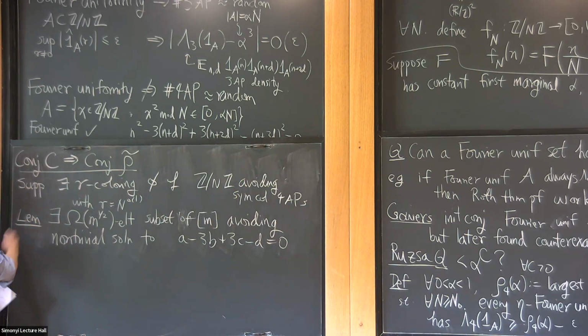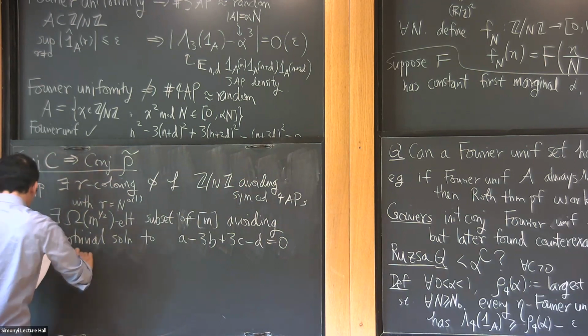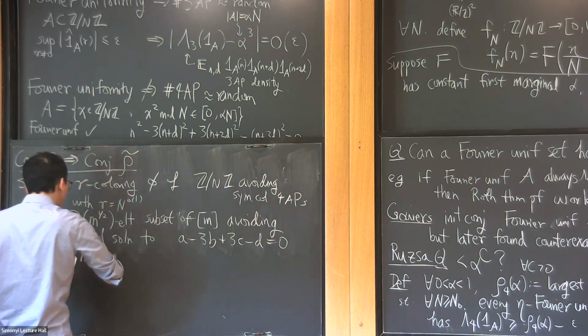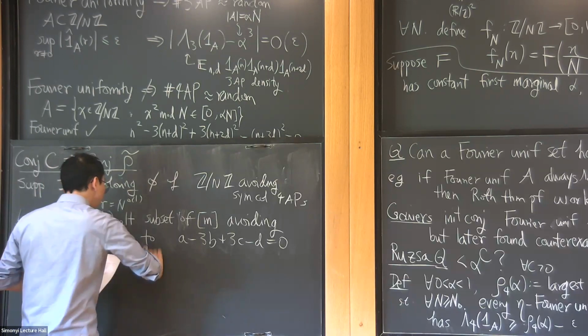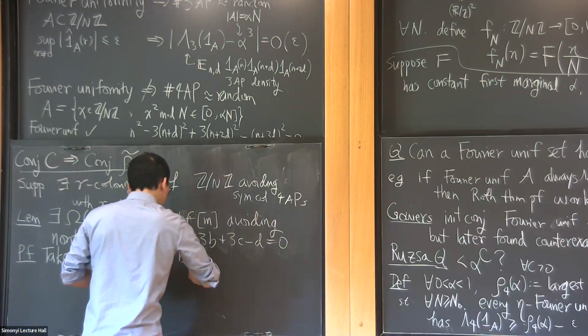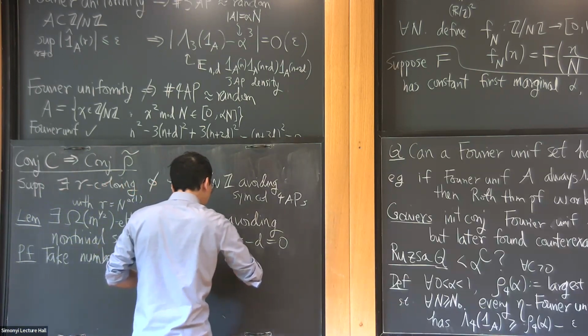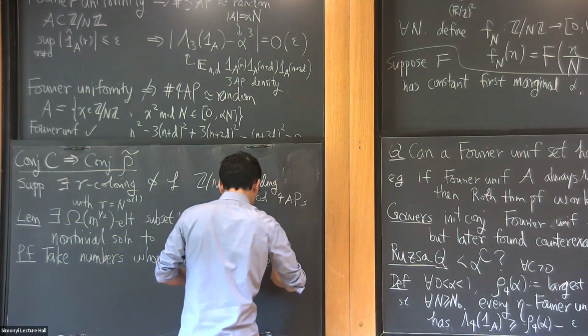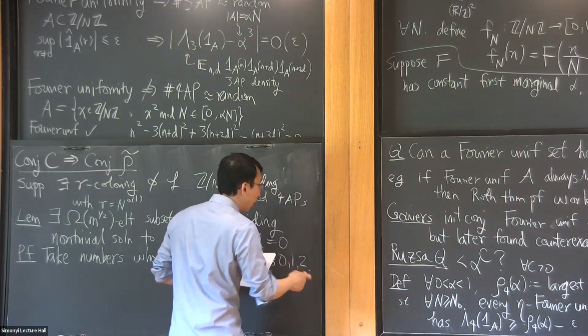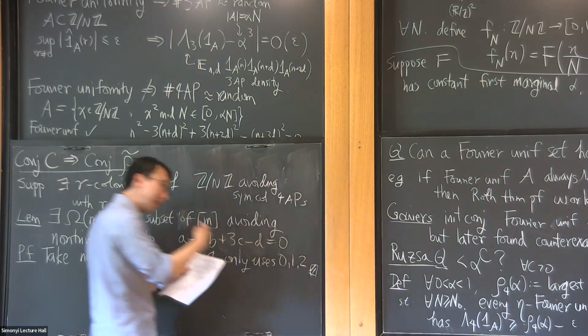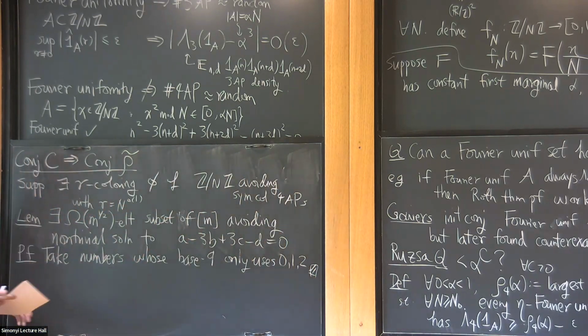So just the existence of a subset avoiding the solutions to a particular equation. And I'll just tell you what the construction is. You can take all numbers in base 9 that use digits 0, 1, 2. This is pretty easy. Let me not say more. Just think about why this is true.